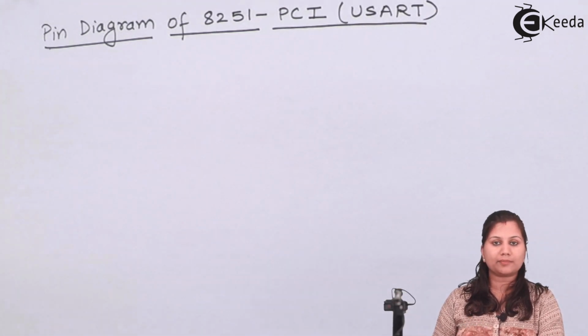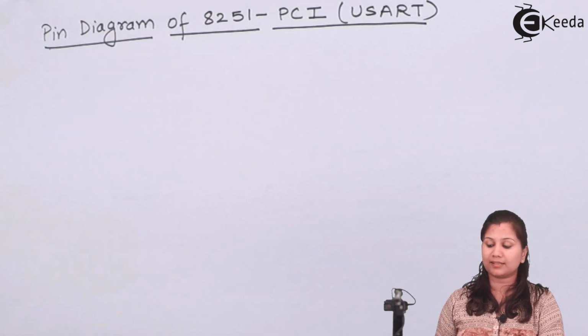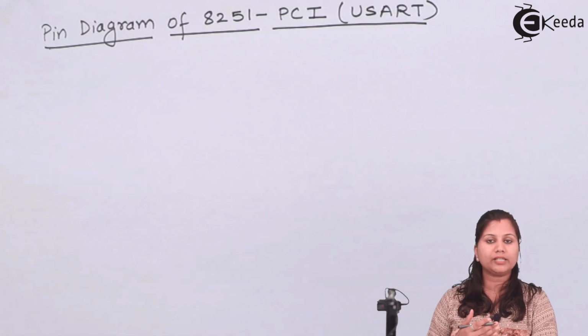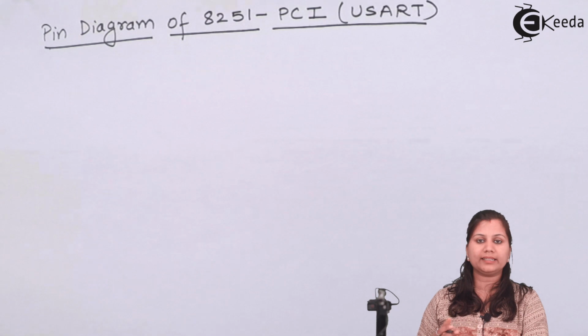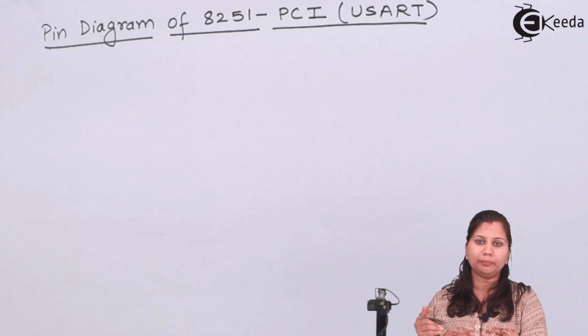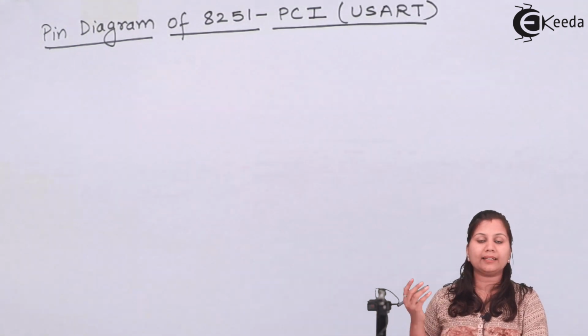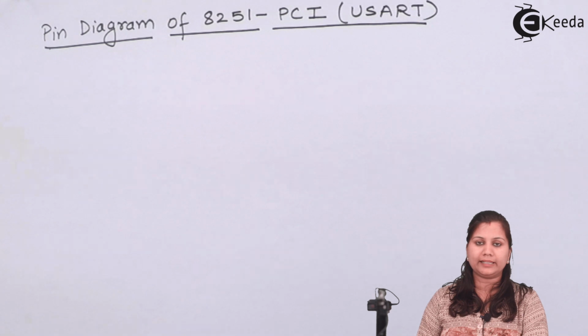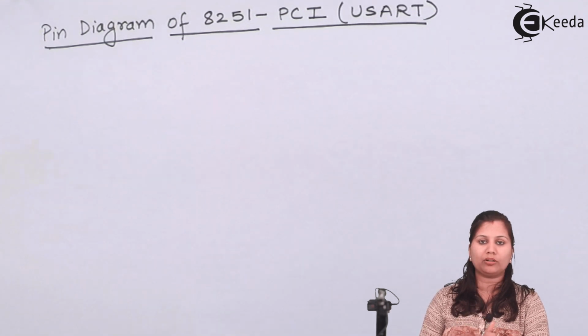In the case of transmission of data from the microprocessor to the peripheral devices, this USART converts the parallel data into serial data so that it can be transmitted to the peripheral devices. And in the case of receiving data, it converts the serial data into parallel data so that it can be computed on by the microprocessor.